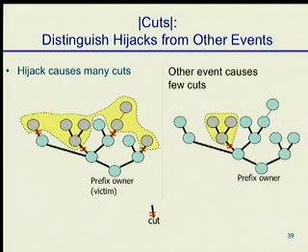So that's the intuition behind it. The left part of the picture shows the scenario where prefix hijacking happens. And the right part is more likely a physical failure. Of course, you can have a prefix hijacking event which is very localized in its effect. That could also manifest itself in the right graph.